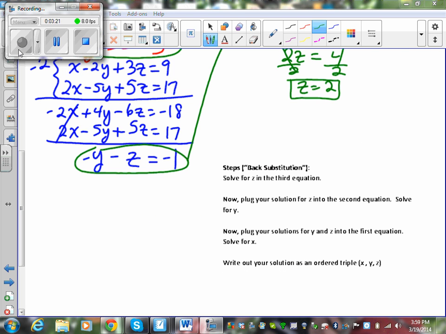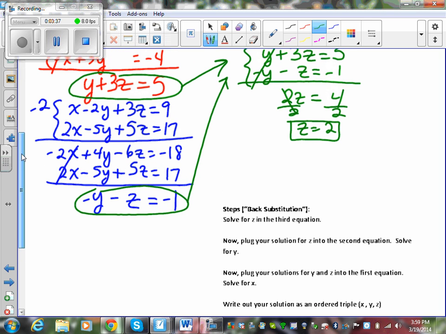And you'll have your solution for z. Now looking at this, you know you're not done because we're trying to solve a system. That means we need to find x, y, and z that will solve all 3 equations perfectly. We have our z. We need to try to get back to finding x and y. And we are going to take our solution for z and substitute that back into one of the equations from step 2.